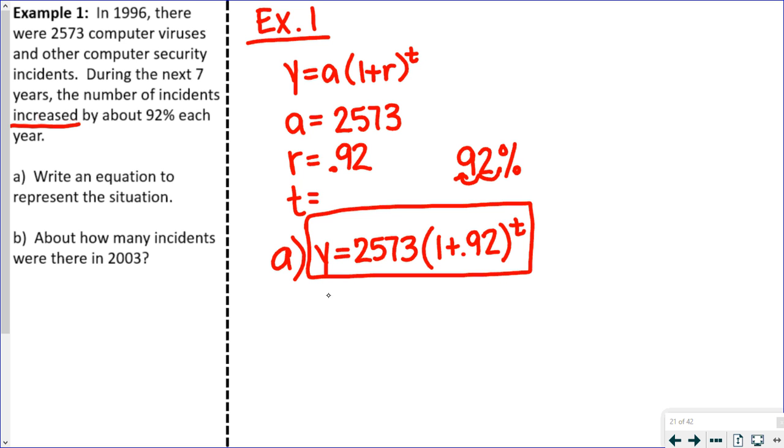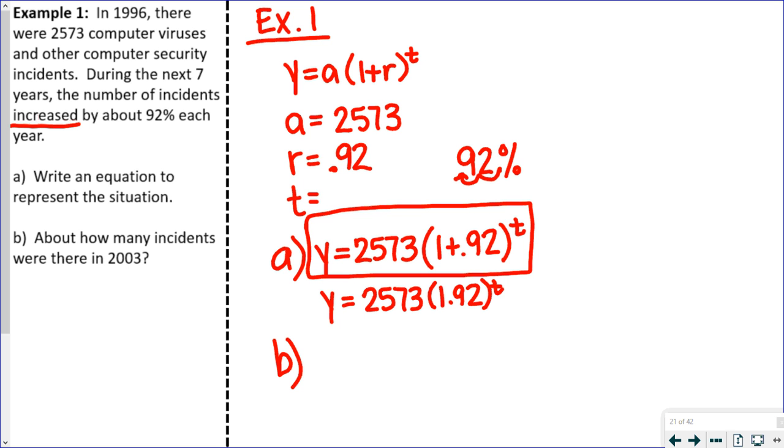Now another way you could have written this: if you want to go ahead and add this and get 1.92 raised to the t power, that also works. I would take both of those answers. Okay, so part B now wants us to figure out how many incidents there were in 2003.